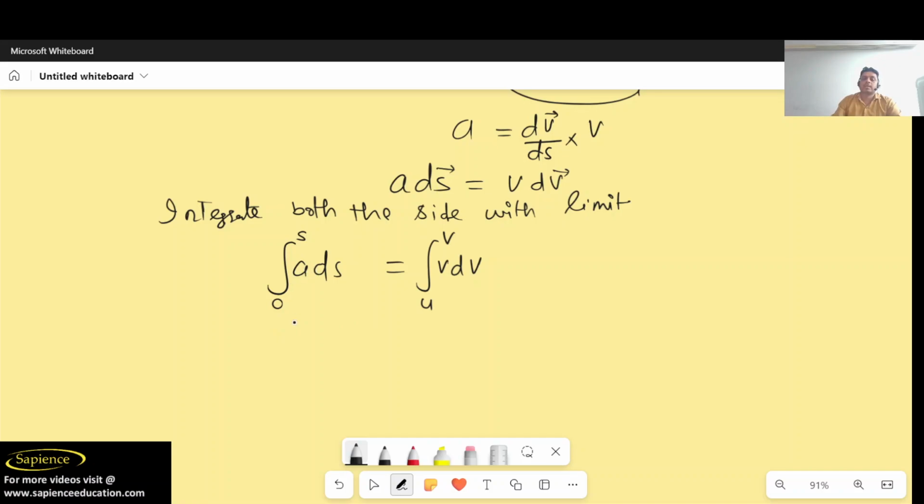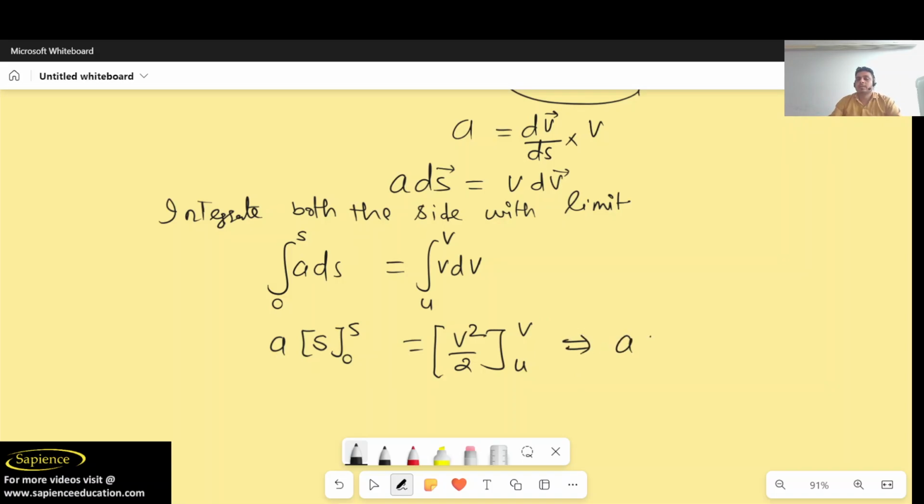As you know acceleration is constant, so it comes out, and the integration of ds will be s, with limit 0 to s. The integration of v dv will be v square by 2, with limit u to v.